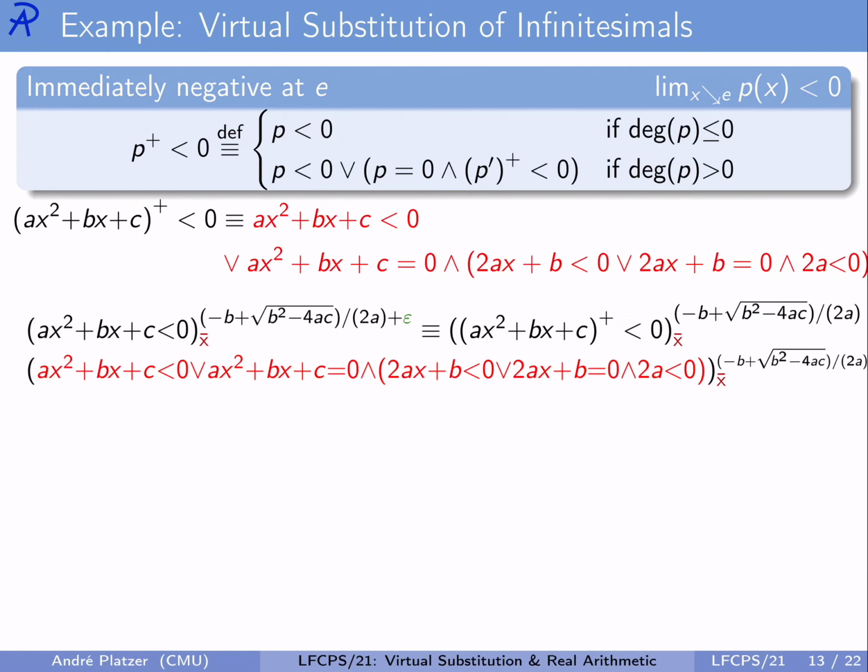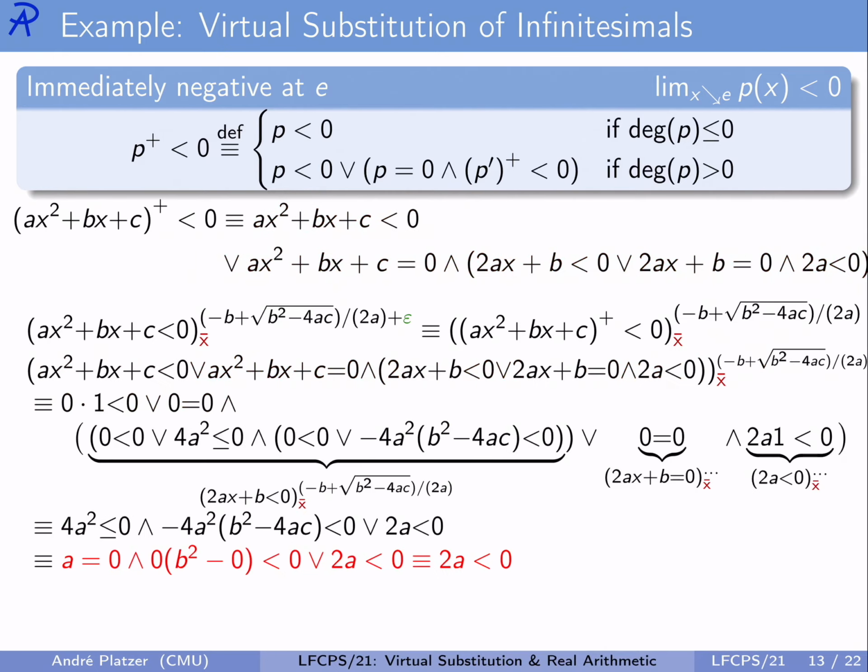Cool. Having done so, remember that we use this auxiliary definition in order to define what it means to plug an off root, so just right of the real root of the polynomial, into it, by asking: let's plug the actual square root into the immediate negativity, which we just computed up there. So we plug the literal square root into this immediate negativity expression, and remember how the virtual substitution works.